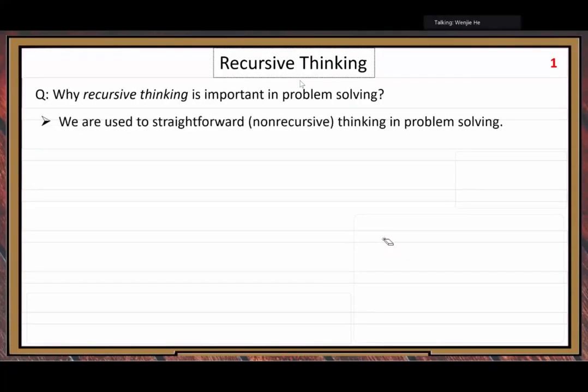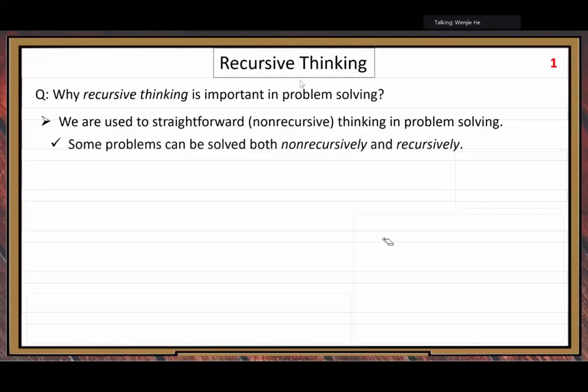We are used to straightforward thinking. If you do not get training in recursive thinking, then most people like to use non-recursive thinking, because they feel more comfortable with it. But many problems can be solved in both ways, a non-recursive way and a recursive way.